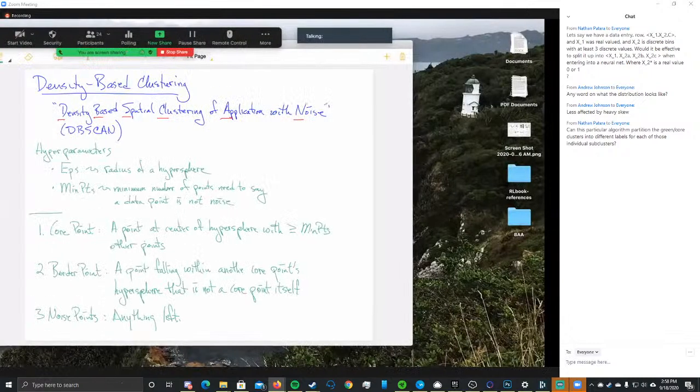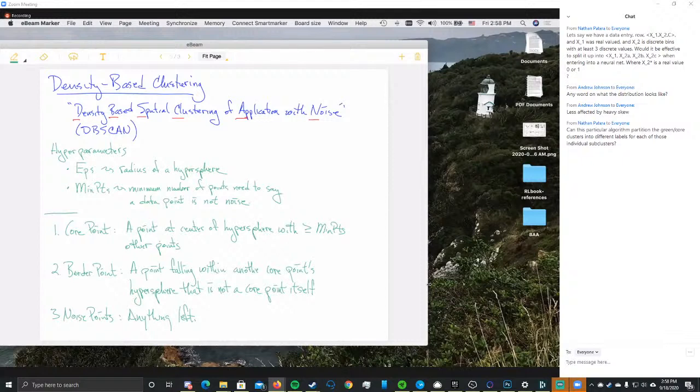All right. Are there any questions about DBSCAN? Can this particular algorithm partition the green core clusters into different labels for each of those individual subclusters? Are you asking if it's possible to get different actual clusterings? I'm saying like one of those horseshoes would be categorized as one and another horseshoe as another one.